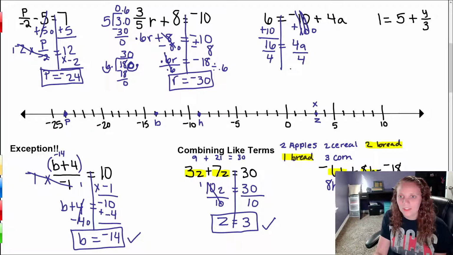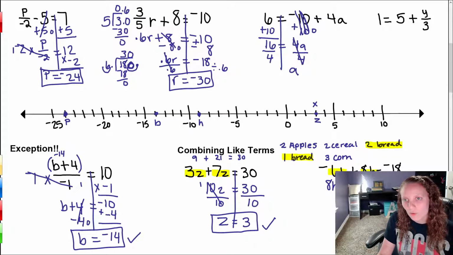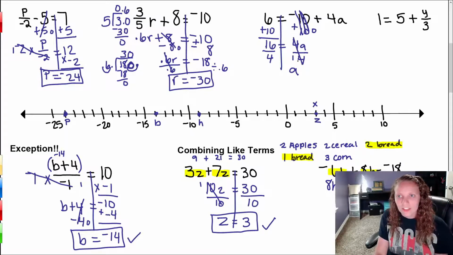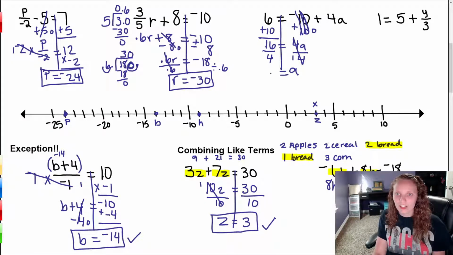Remember, our goal is to get the letter by itself, and we did that. The 4's cancel out. 4 divided by 4 is 1. So now all we're left with is a equals 16 divided by 4 is 4. So let's find that on the number line. 4 is right here, and that is the letter A. Now, I'm going to show you how we can check our answer.